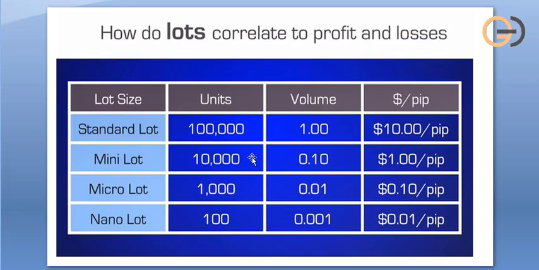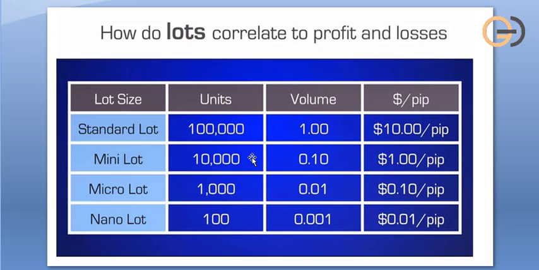So for a $100,000 account, you can use a lot size of 1.0, and for 1 pip movement you get $10. Now for a $10,000 account, you can use a volume of 0.10, which of course will give you $1 per pip movement. So imagine the price moves 25 pips in your favor, you have gotten $25.